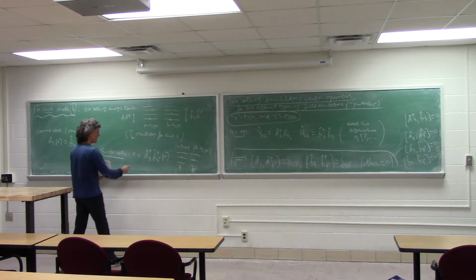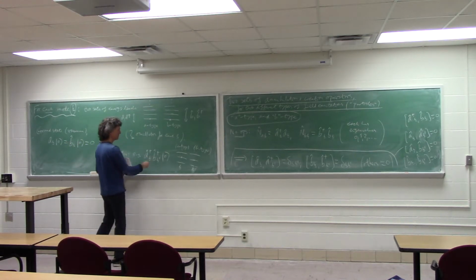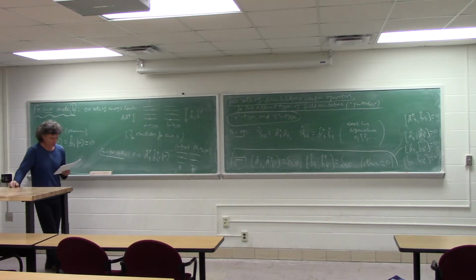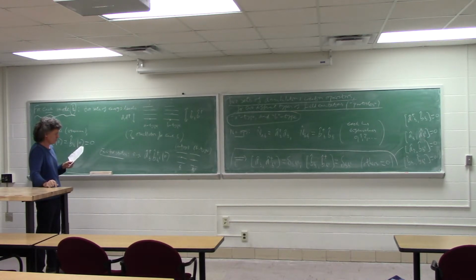Each wave vector has two oscillators, so I've got an A-type particle with momentum k and a B-type particle with momentum k prime. And of course, you can build this up and excite all kinds of modes as you want.